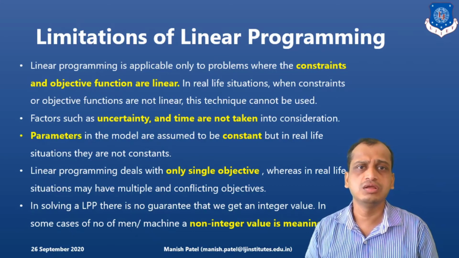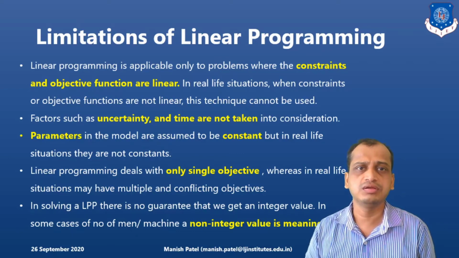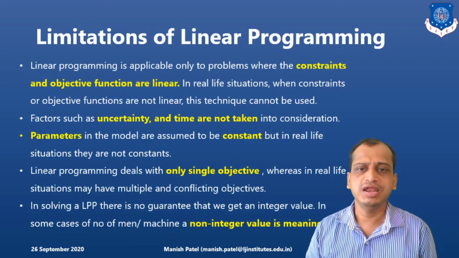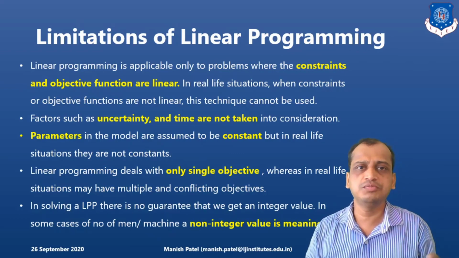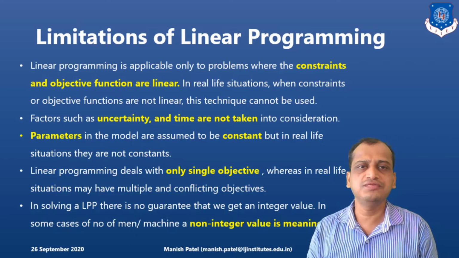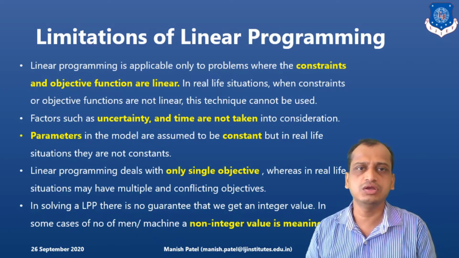We do not know for certain the profits we are going to make beforehand when we are formulating the linear programming problem. Next is only a single objective. There are multiple objective problems that we try to tackle in the research areas of linear programming, but in general fields you have a single objective. The focus of linear programming is on a single objective only.